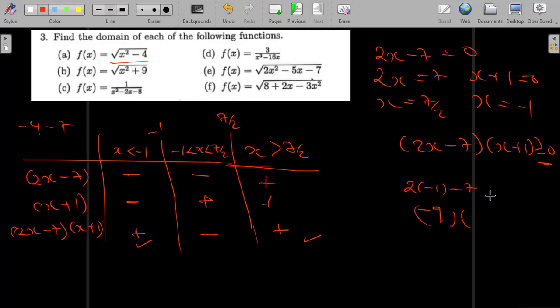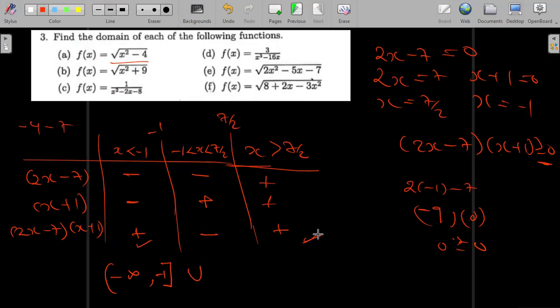The other one gives negative 1 plus 1, which is 0, and the product will be 0. It is not greater than 0, but it is equal to 0, so it is valid. This means it is closed at negative 1, going all the way to negative infinity. This will be our first interval.